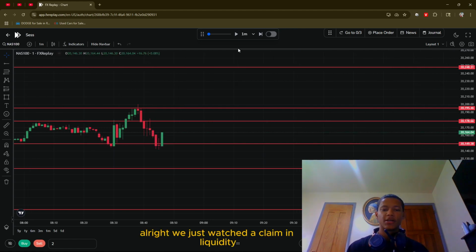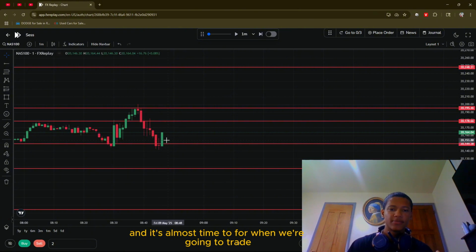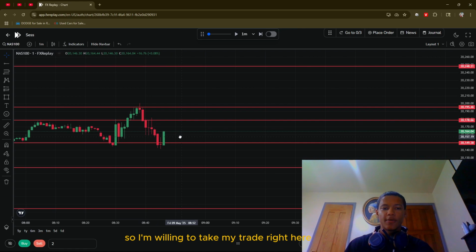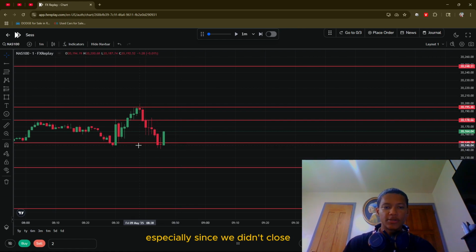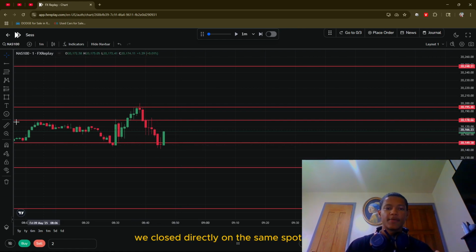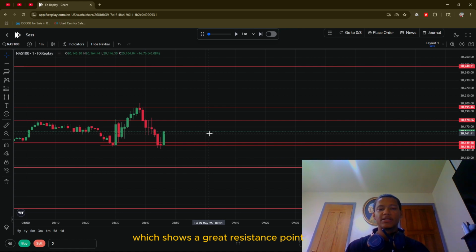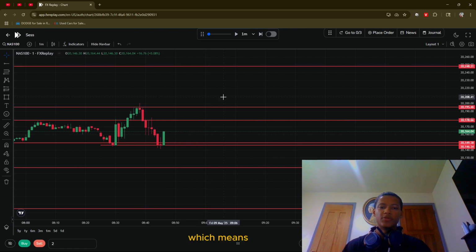We just watched a claim in liquidity, and it's almost time for when we're going to trade. So I'm willing to take my trade right here, especially since we didn't close. We closed directly on the same spot, which shows a great resistance point, which means I place a buy.